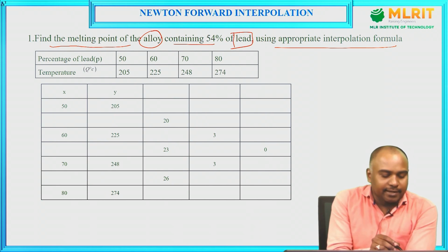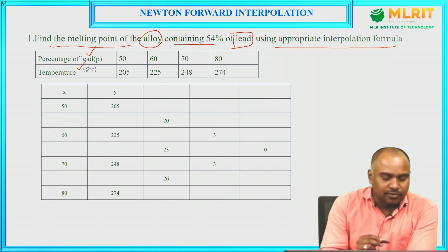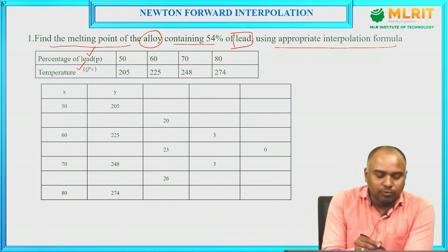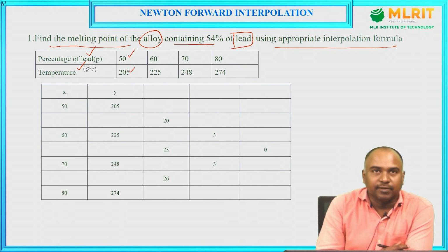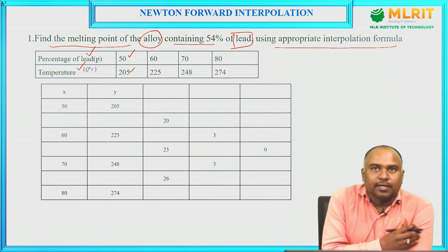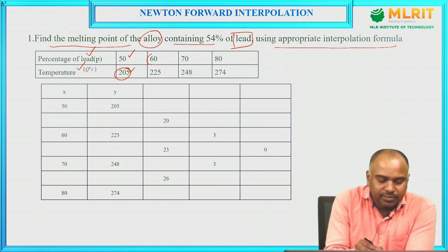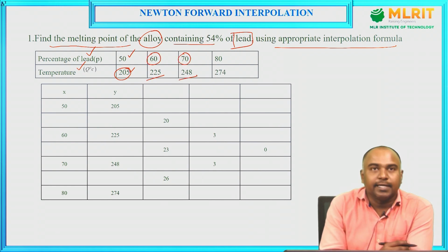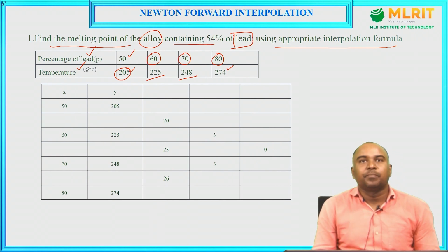The given data is the percentage of lead and the temperature. If the percentage of lead is 50%, the melting point is 205 degrees Celsius. For 60% of lead, 225; for 70% of lead, 248; and for 80% of lead, 274 degrees Celsius.